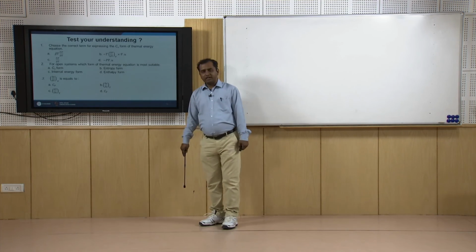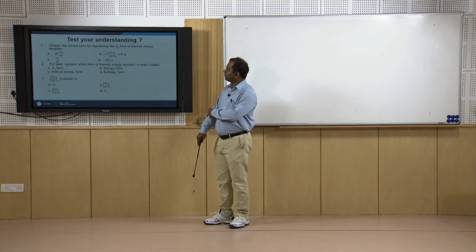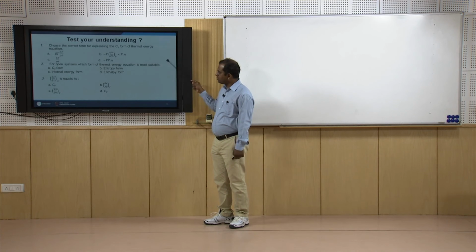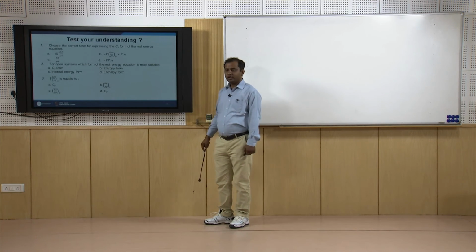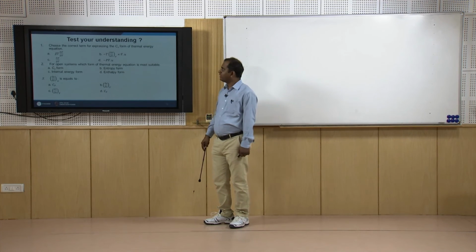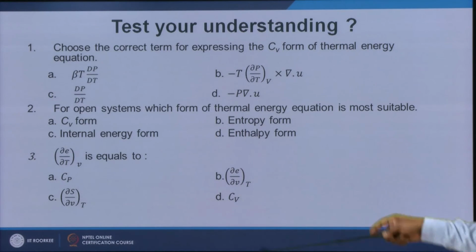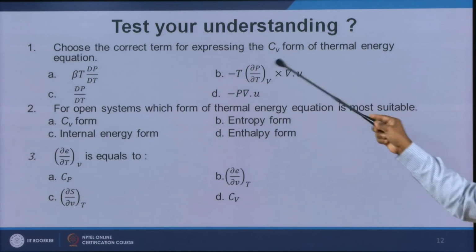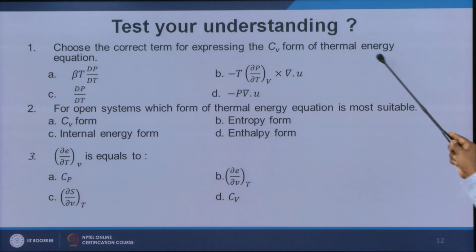At the end of this lecture, let us once again test your understanding of what you have learnt. We have 3 questions for you, with multiple answers, and you have to pick the correct one. Let us see the first one. You have to find the correct term which expresses CV from the thermal energy equation.